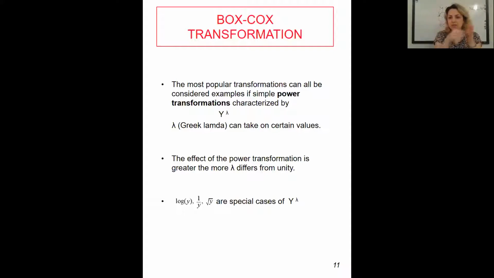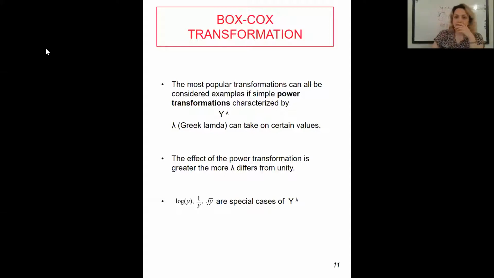You put lambda equal to -2 and find the sum of the square, then lambda equal to -1.5, -0.5, 0.5, 1.5, and then 1, step by step, and find the related sum of the square. The one that gives you the minimum sum of the square is the maximum likelihood method. That is the optimum lambda that you are going to use for your transformer.